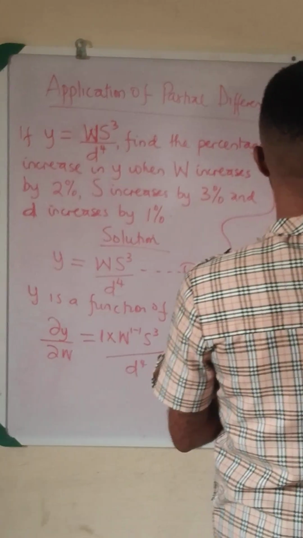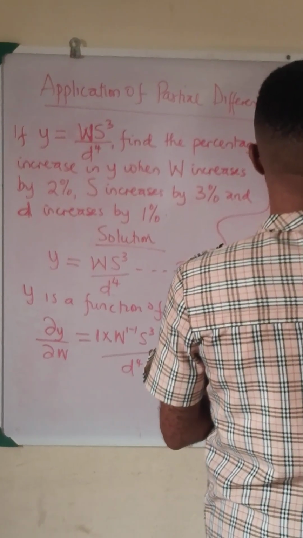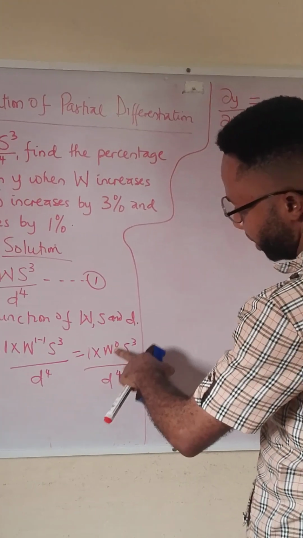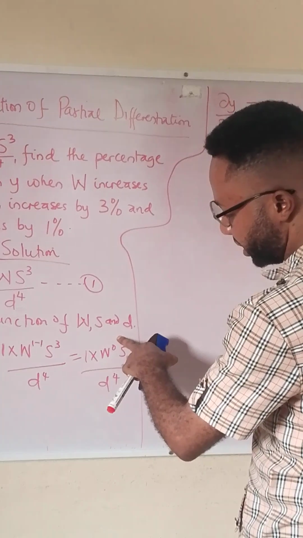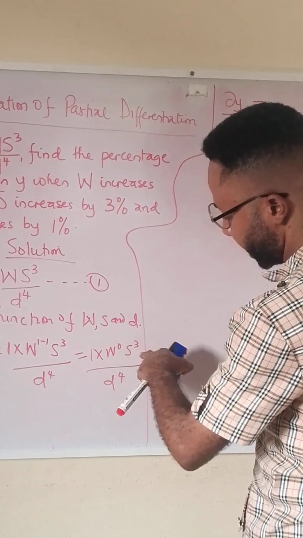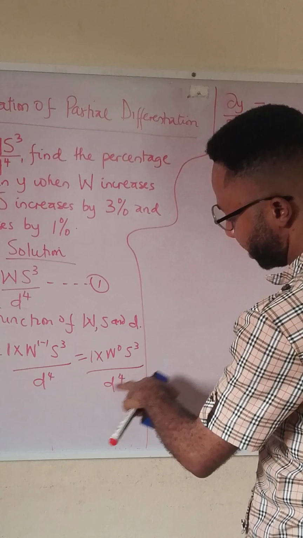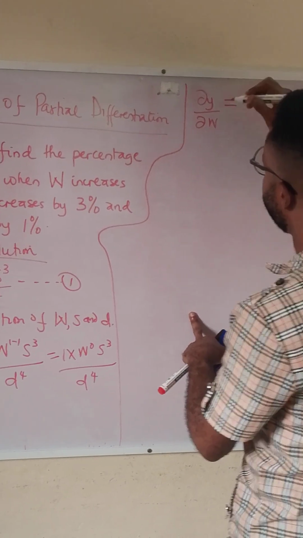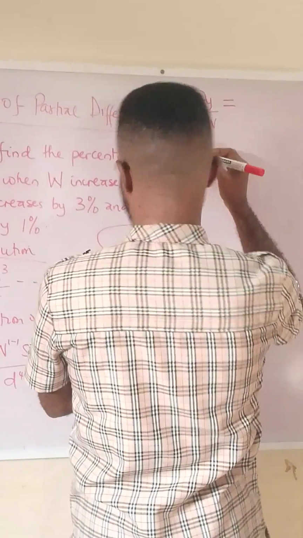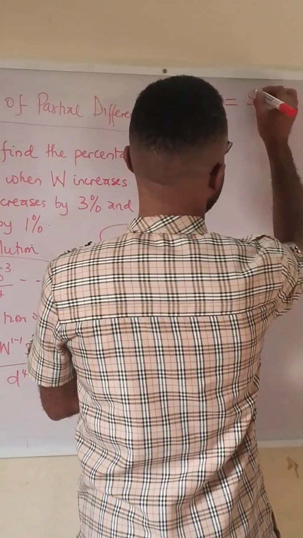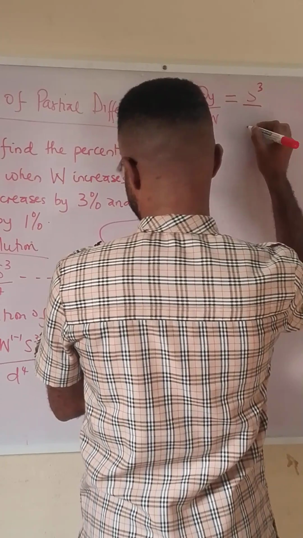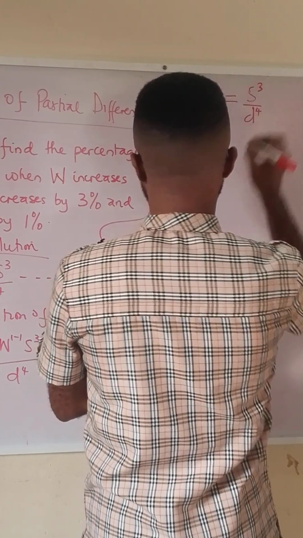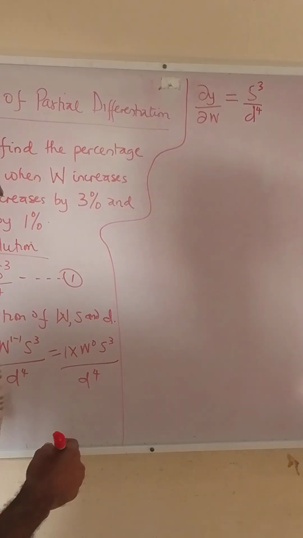Any number raised to power 0 is 1. So 1 times 1 is 1 times s cubed is s cubed. So the partial derivative of y with respect to w will be s cubed over d raised to power 4. So that is for w.